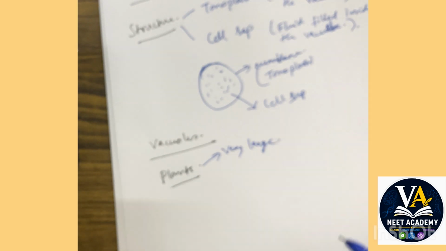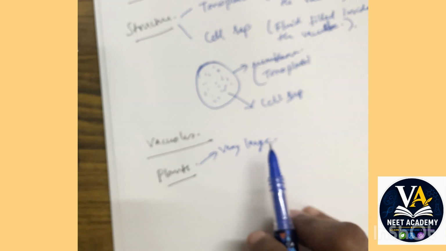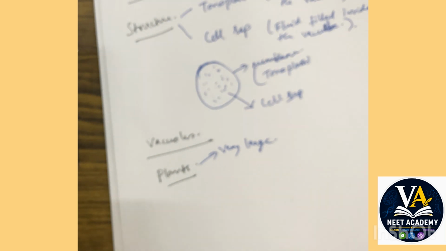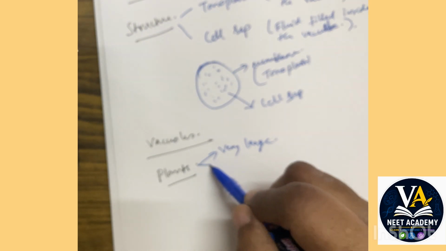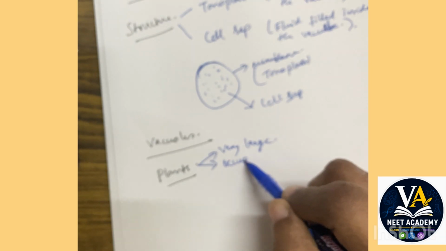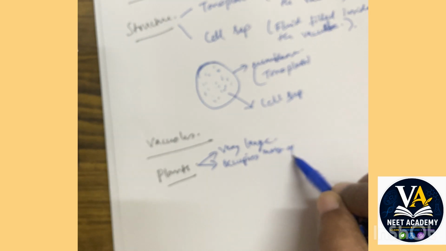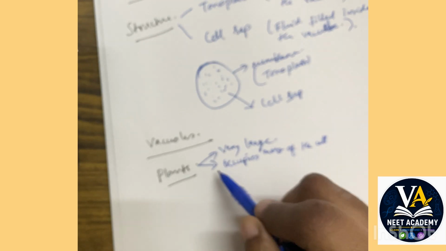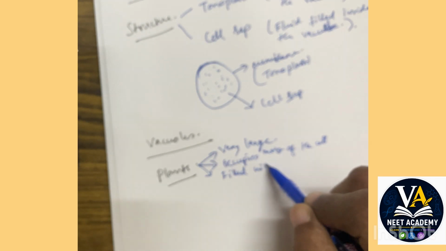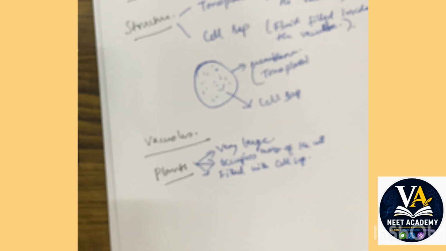Vacuoles present in plants are very large, they occupy most of the cell structure, and they are filled with cell sap. These are the features of the vacuole present in plants.